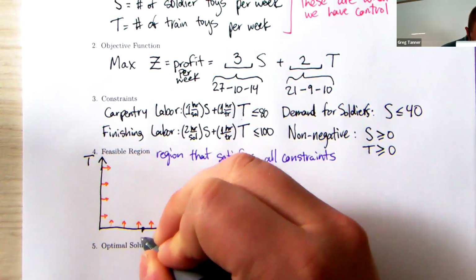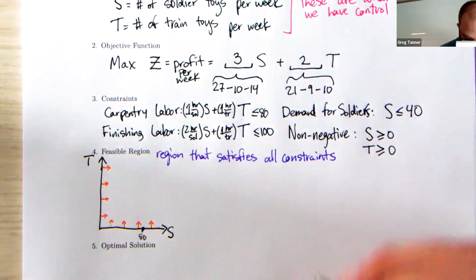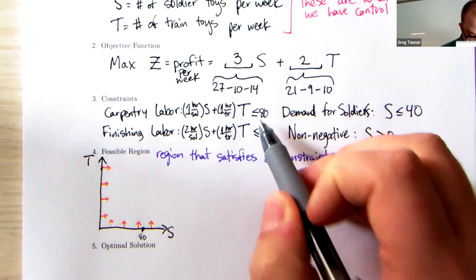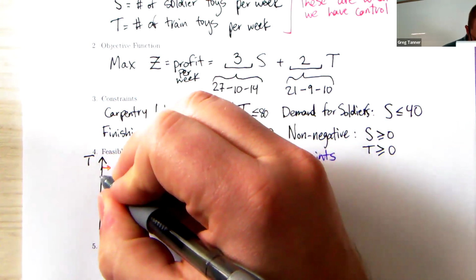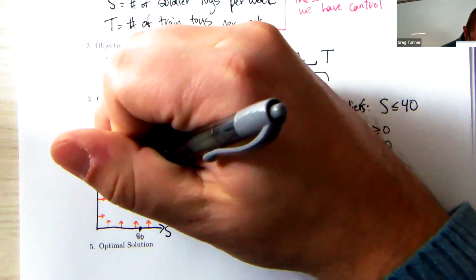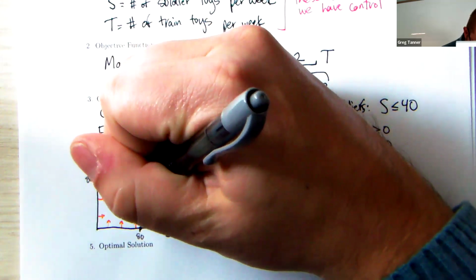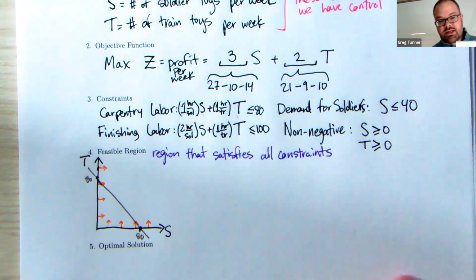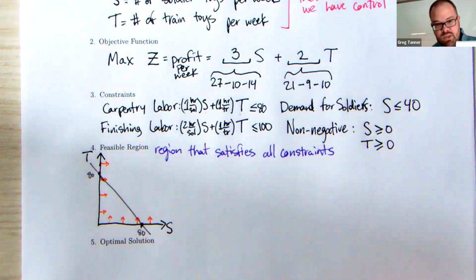And so here's a value of 80. And then if I plug in s equals 0, then t would have to be 80 to make this an equality. And so I'll plot that there as 80, and then I'll draw a nice straight line between the two there. Now the trick is, which side of that line do I want to be on?